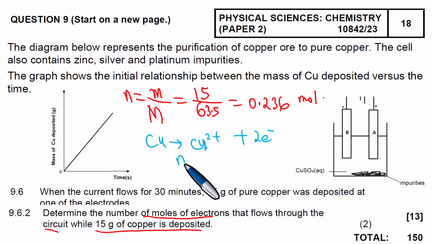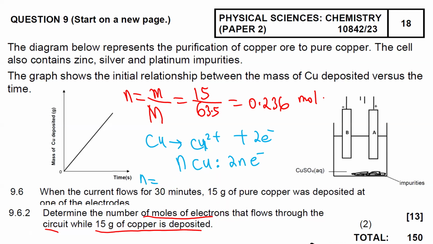Now, what we normally say is that the ratio of the number of moles of copper to the number of moles of electrons is 1 to 2. At this point, we use this ratio. So, Pekala is on point.